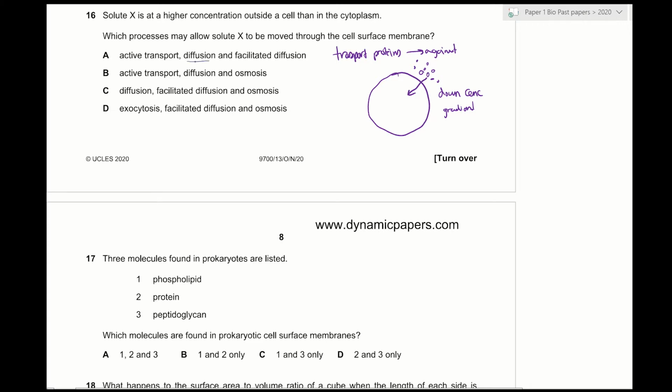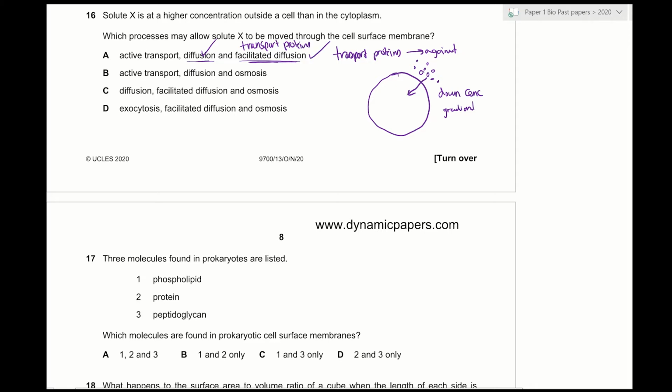Now, let's look at diffusion and facilitated diffusion. Diffusion is the movement of substances down the concentration gradient, so it's correct, and facilitated diffusion is the movement of substances also down the concentration gradient, but only through transport proteins. So this is correct.